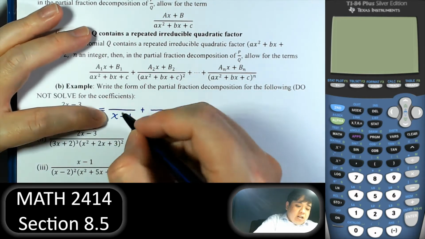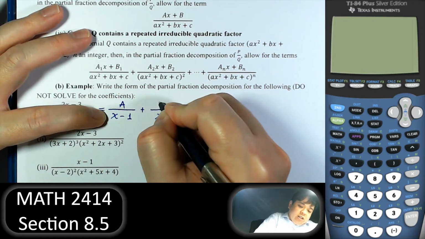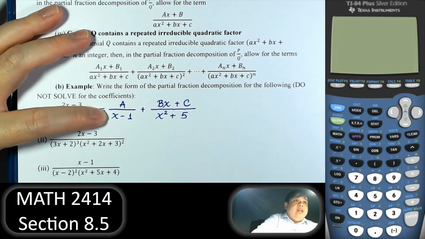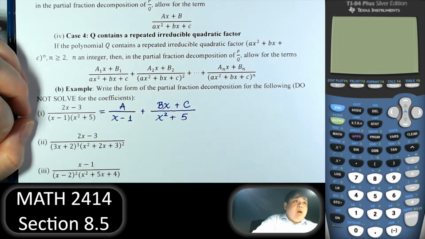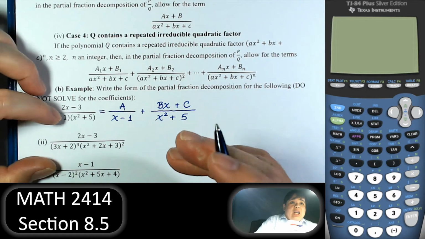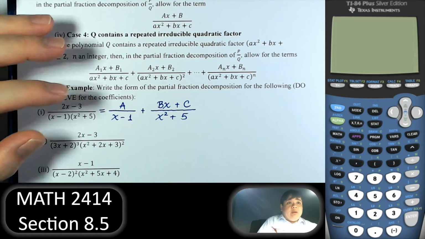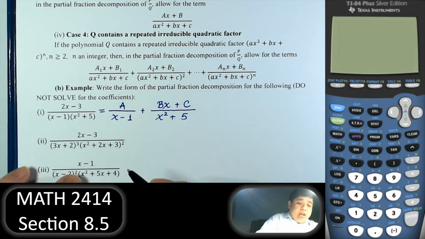For the linear factor, the top is a constant. For the quadratic factor, the top is a linear polynomial. So the degree on top is 1 less than the bottom. And that's all we do. Later on, we will solve for the coefficients, and after that, we can integrate. But for now, just get the idea of how we decompose this.